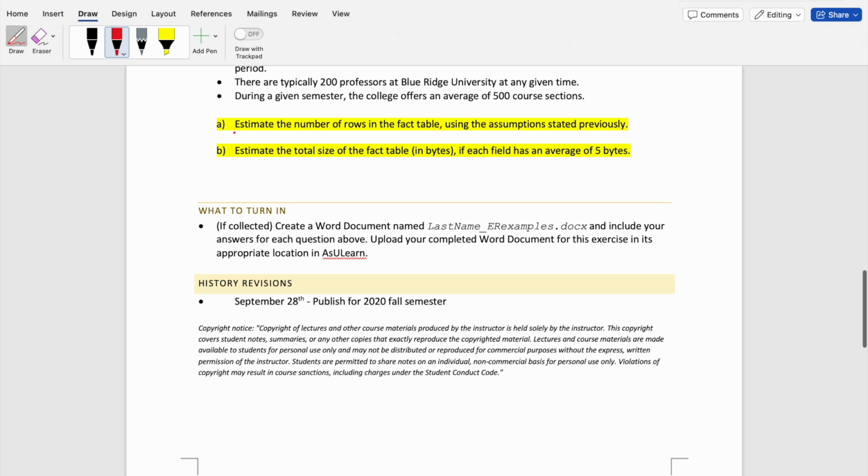That's question A, and question 2 is trying to calculate the total size of the fact table, where each field has 5 bytes. So if we want to do it, we need to use the number of rows we have in the fact table. And how many dimensions do we have? We have 6 fields, right?